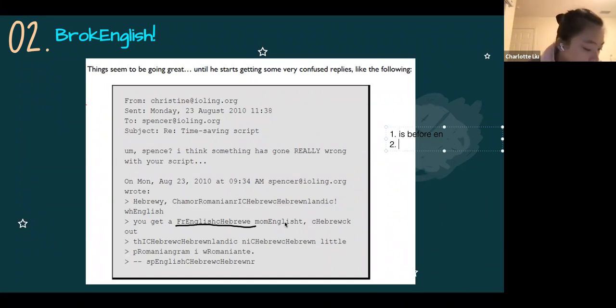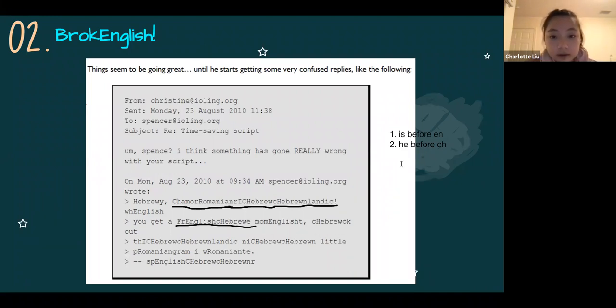So then that means that HE has to be substituted before CH. So then we can also examine this word. So this word is longer. So from this word, we can just add on a few more rules. So we'll see that CH is substituted before RO.